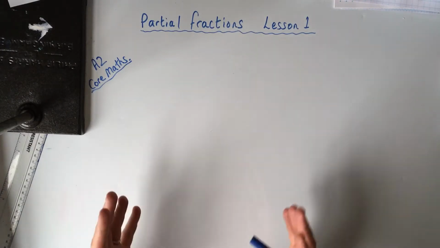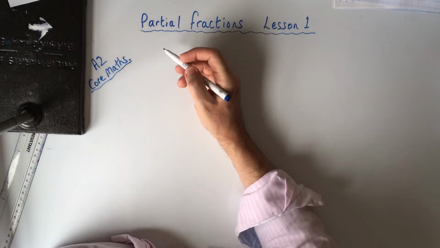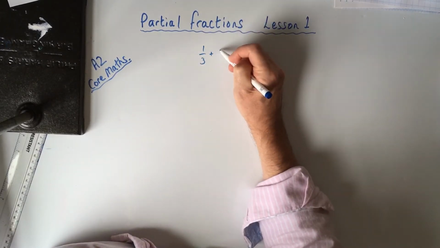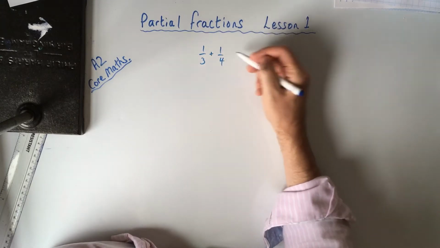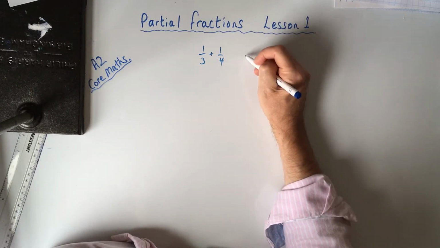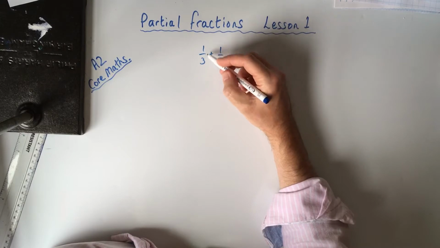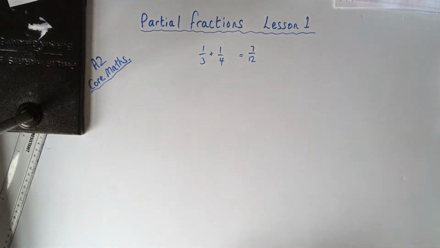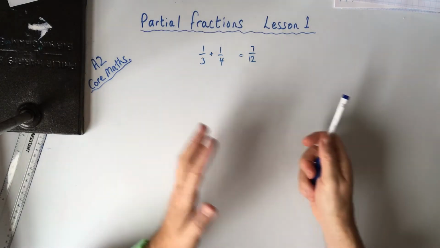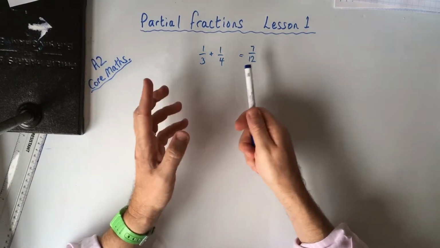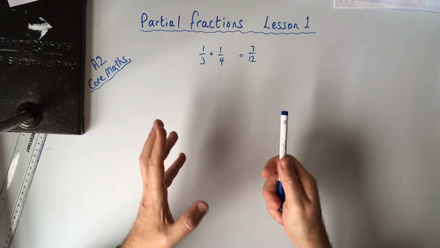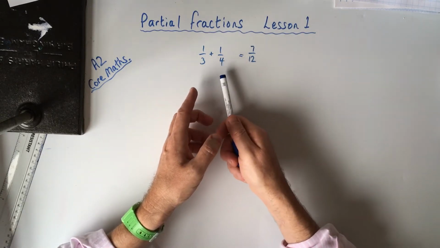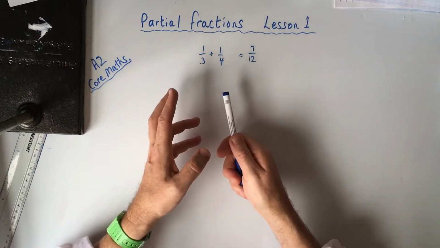Okay, so partial fractions, lesson 1. Let's start with just a fraction. If you did something like a third plus a quarter, and you go common denominators, you get an answer over 12, so that's going to be 7/12. If you do the exercises before 1D, you're just adding, taking away, multiplying and dividing fractions.